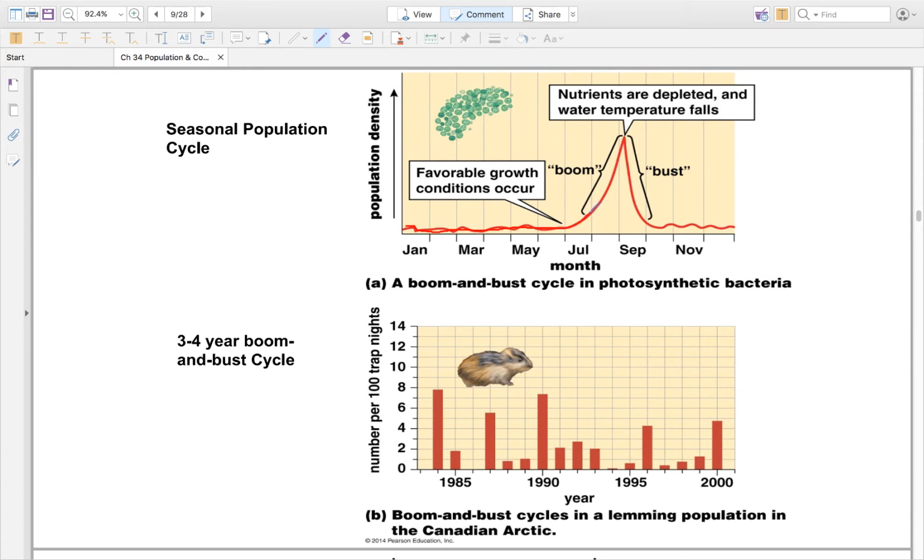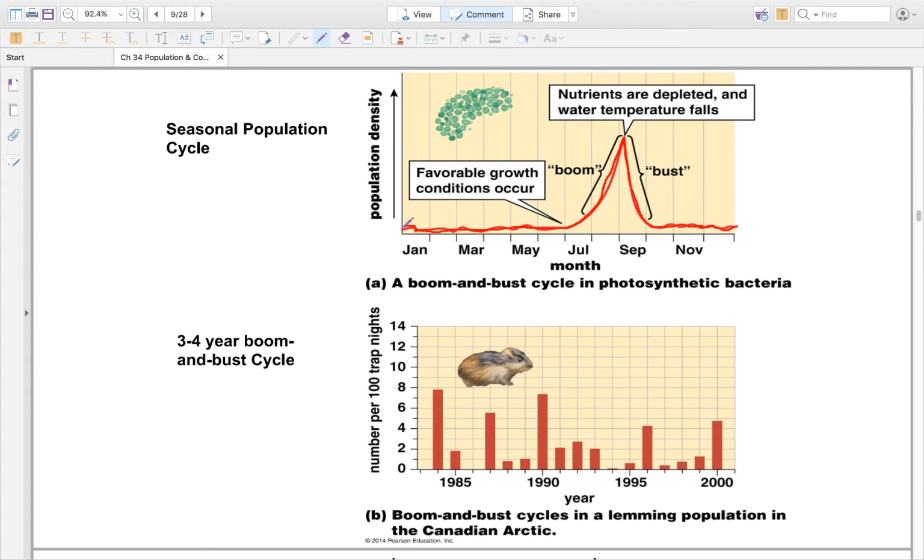It gets hotter, and there's this boom in their population density, and then they grow exponentially, and then because there's so many of them, they're going to deplete their nutrients, and the temperature will start to drop, and then they bust, and then the rest of the time they live at a small density, they just go on.